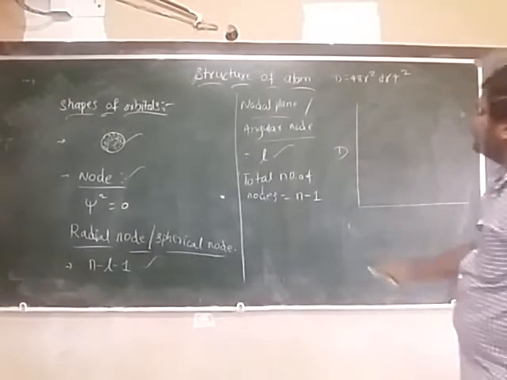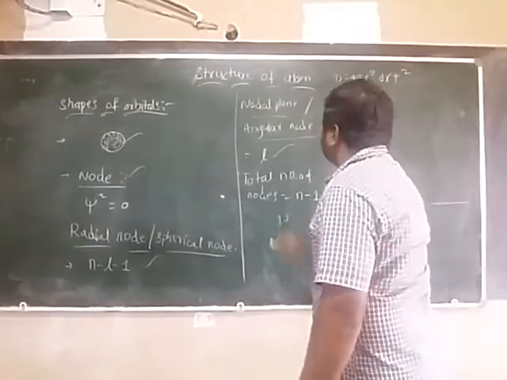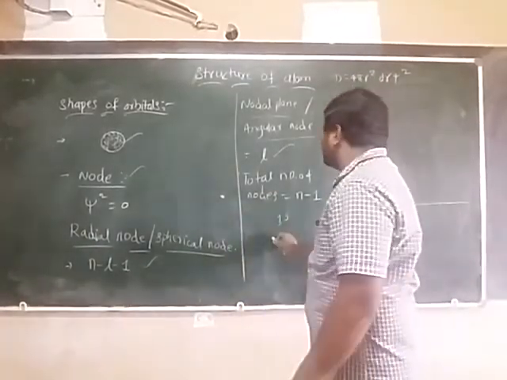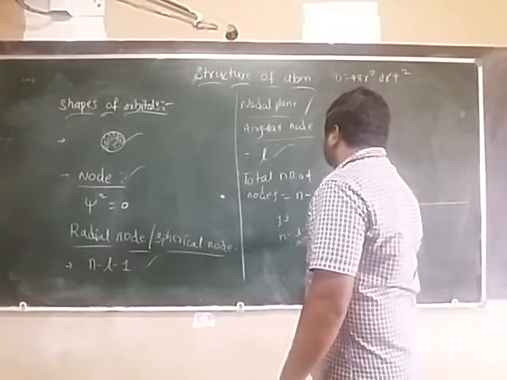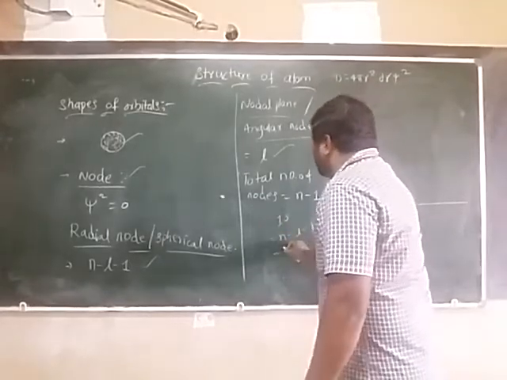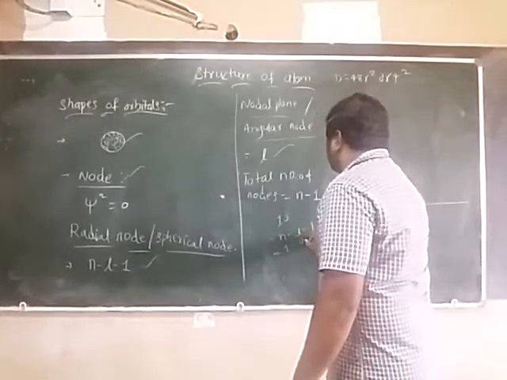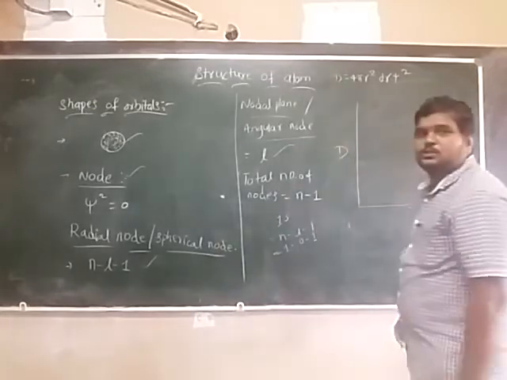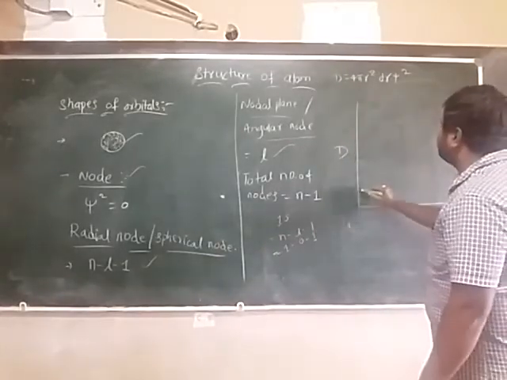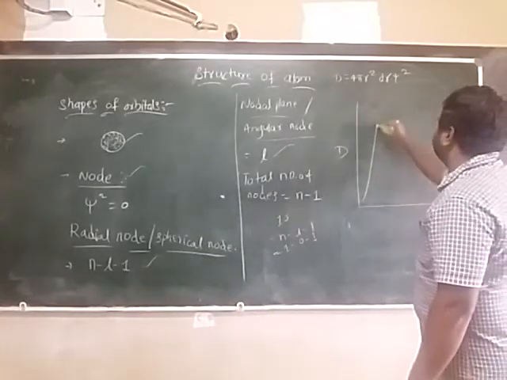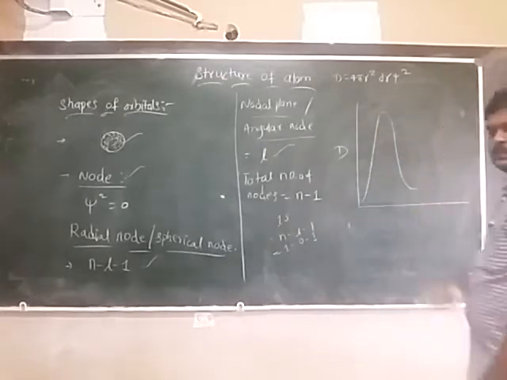First we will see 1s. For 1s, the number of radial nodes is n minus l minus 1, which is 1 minus 0 minus 1, equal to 0. You can observe the graph like this. Is it clear?